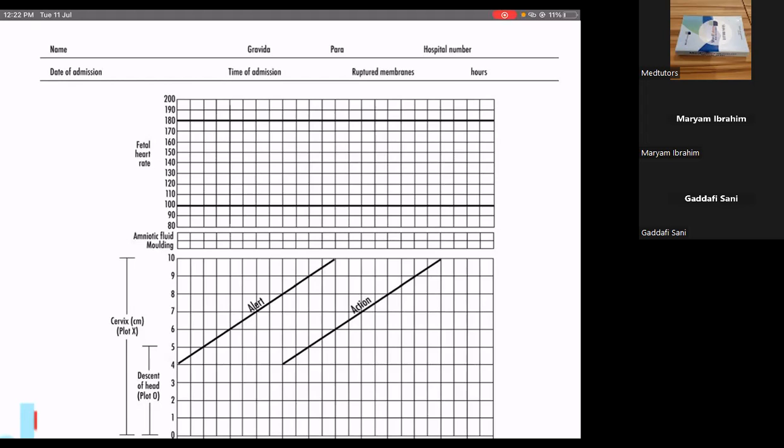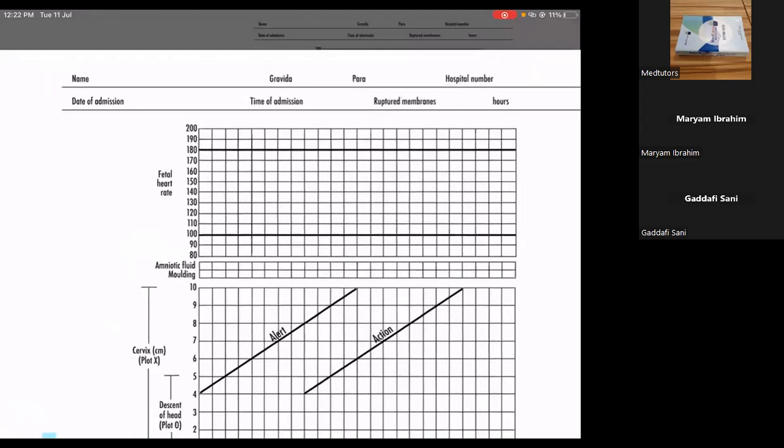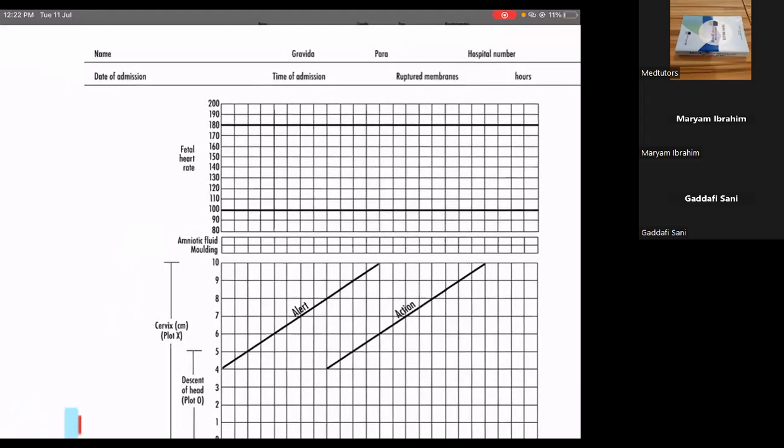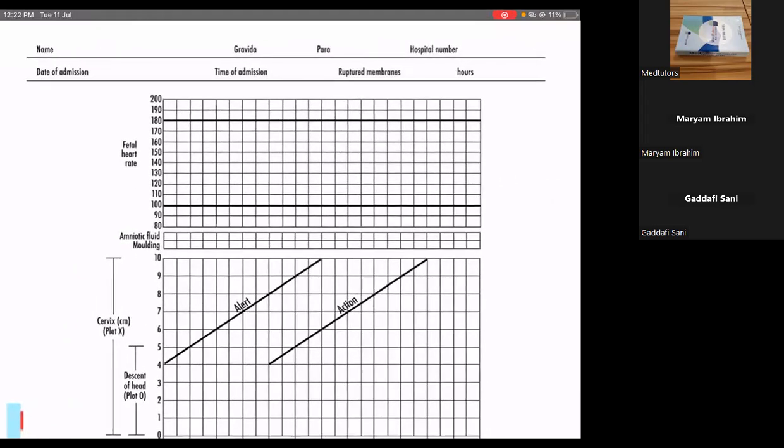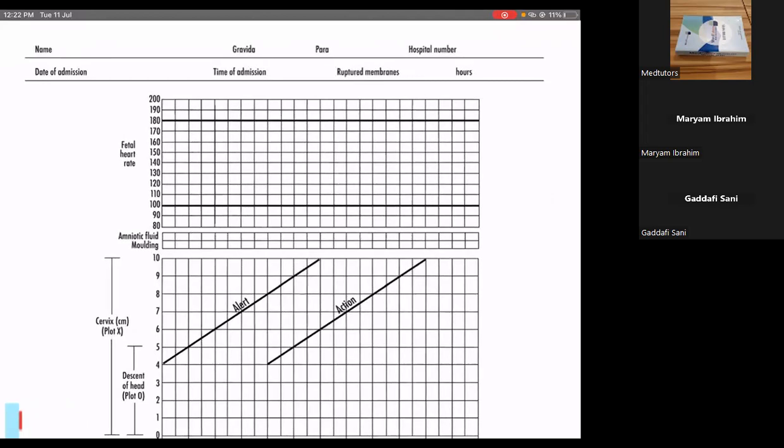Yes. So of course, if you look at the Partograph, you have a place for the biodata where you write the name, the gravidity, the parity, hospital number, date of admission, time of admission of every patient, so that you don't mix someone's Partograph with another person's Partograph.